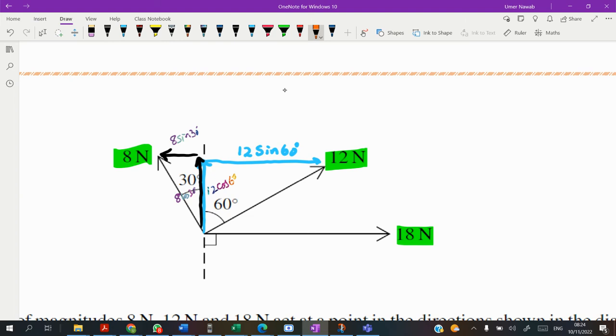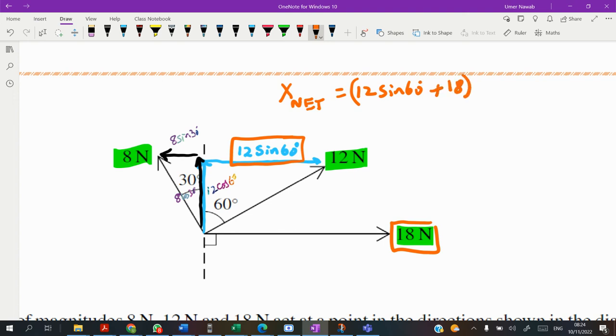Let's try to calculate the x net. X net is based on this plus this. So 12 sine 60 plus 18 minus this, not this, sorry, this, minus 8 sine of 30 degrees.